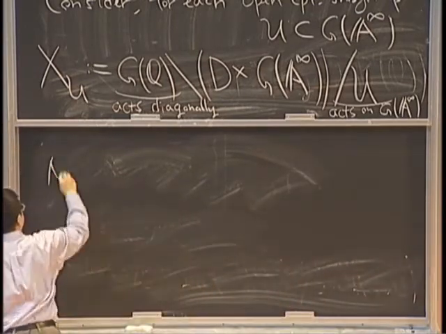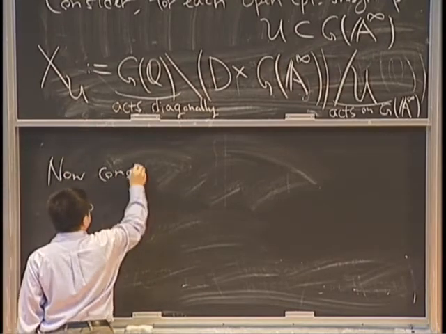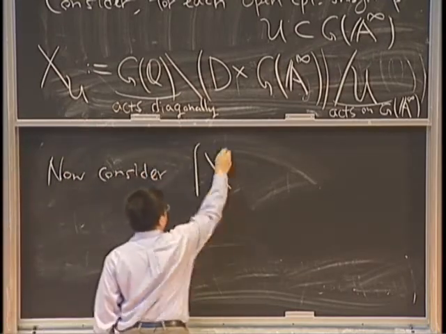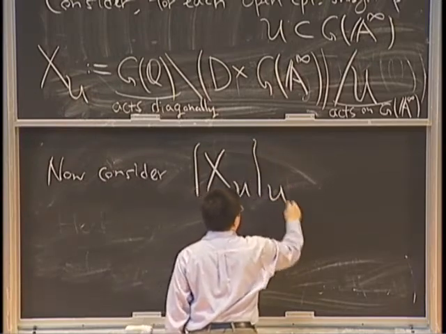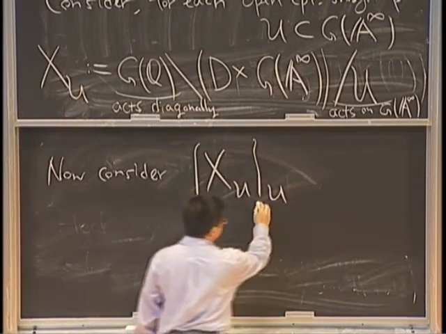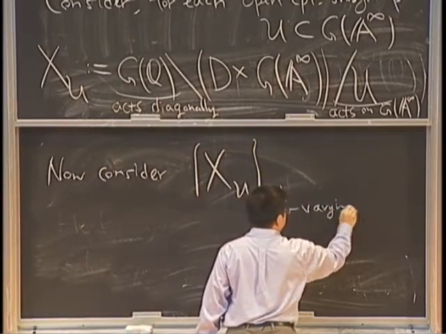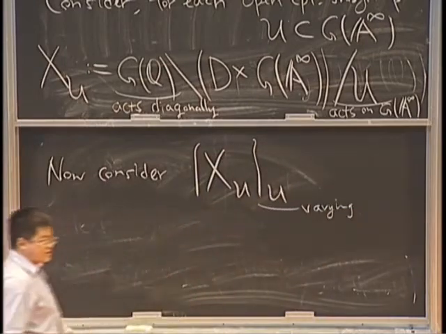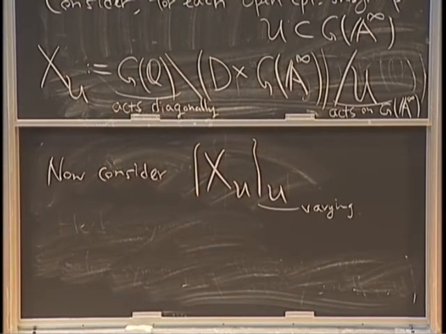So now we can consider all these with varying U. So this one is now varying. The conjugation action of the group elements of G finite identity points actually permutes all the U we can consider.